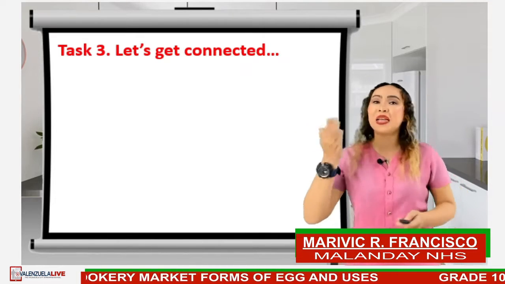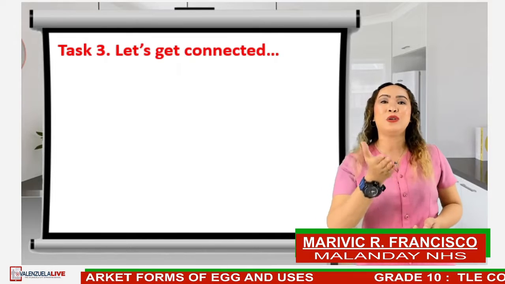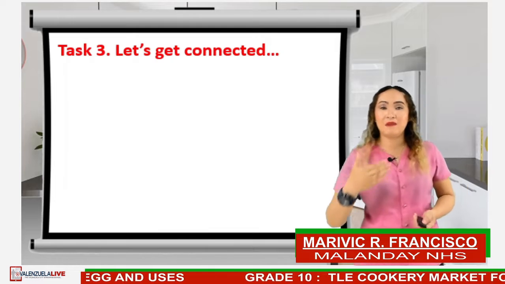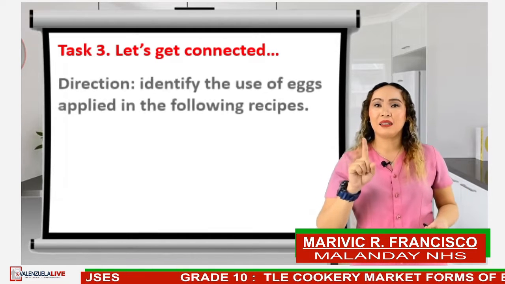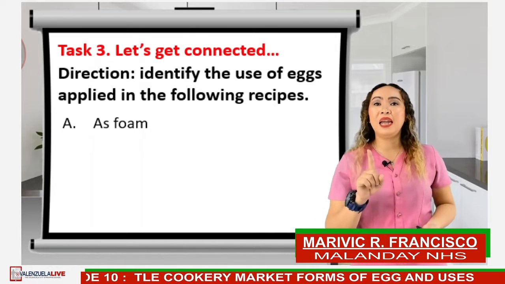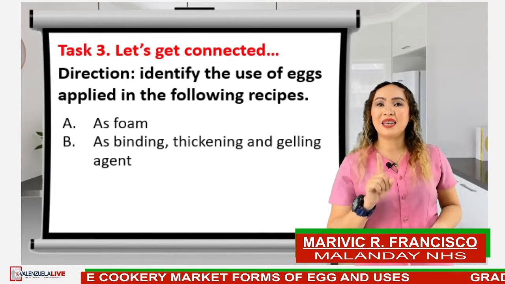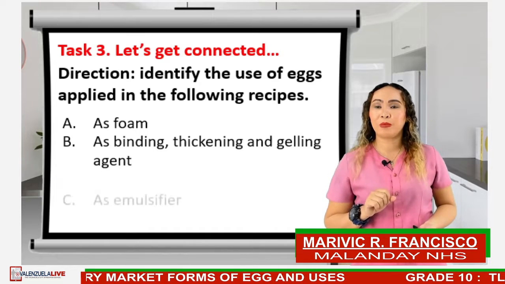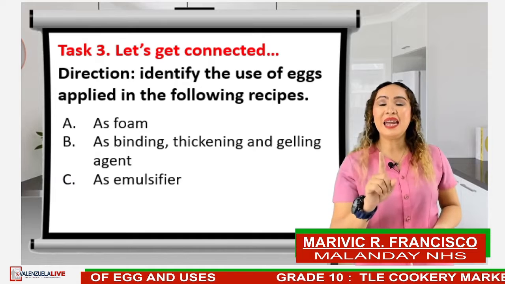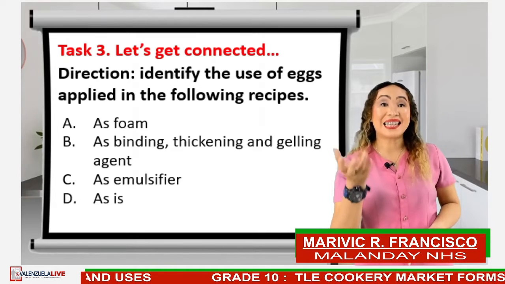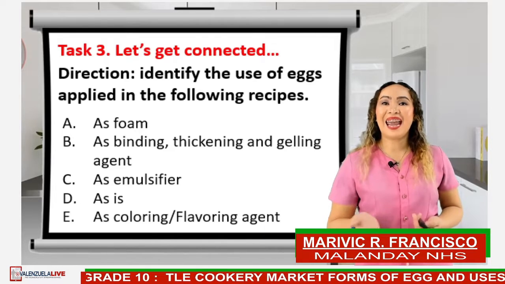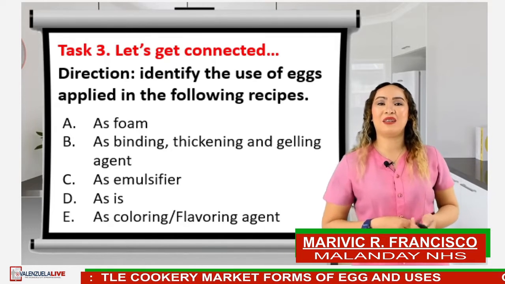I will show a recipe and then you're going to identify the use of eggs by writing the following. A, as foam. B, as binding, thickening, and gelling agent. C, as emulsifier. D, egg cooked as is. Then letter E, egg as coloring or flavoring agent. Are you ready?